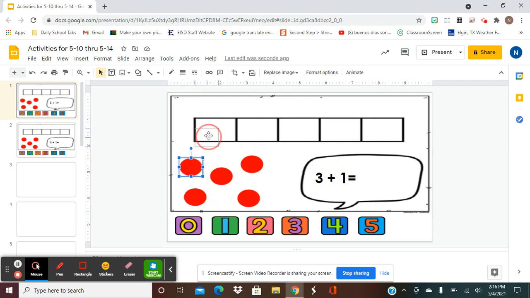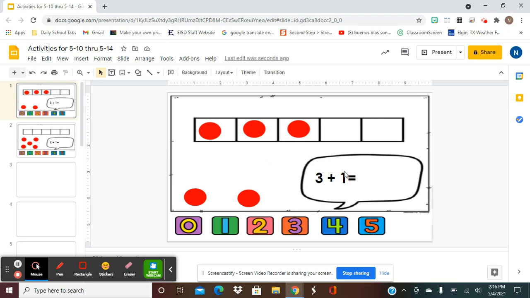So let's move the counters. 1, 2, and 3. So first we had 3 counters, right? Then we see the plus sign. That's telling us that we're going to add stuff. How many are we going to add? What number is this? That's a 1. So we're going to add one more counter. We're going to grab this counter and add it right here.